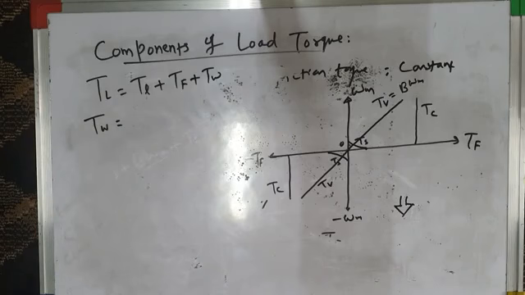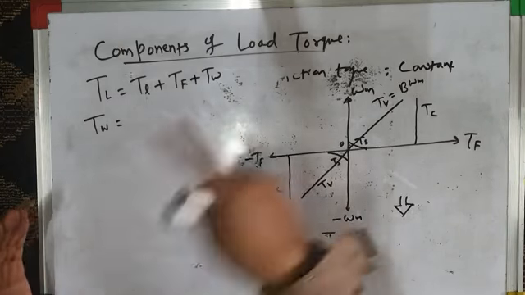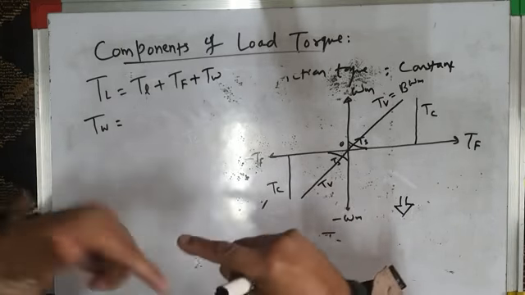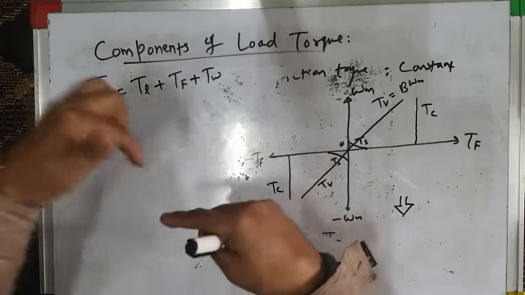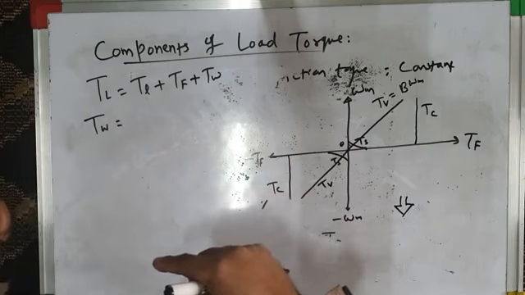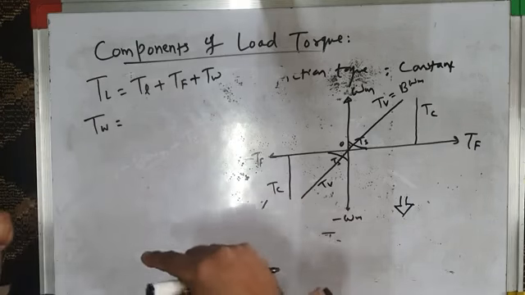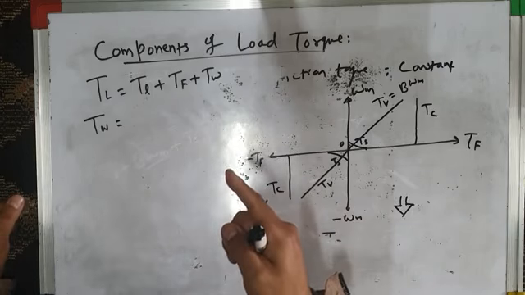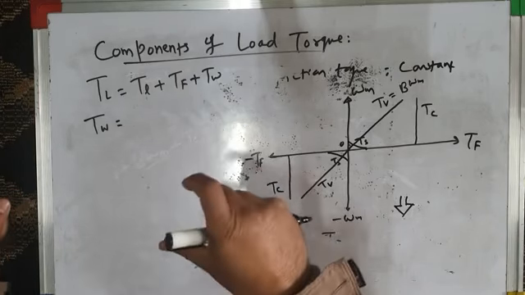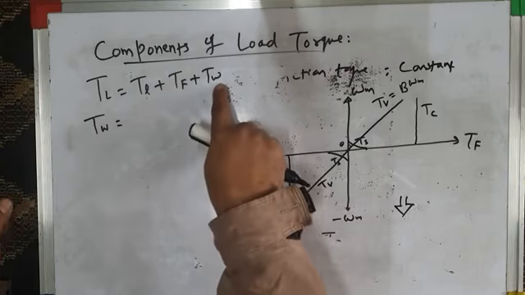Windage torque is the opposing torque because of air resistance. See, when the motor runs and its driven load runs, it runs against the air resistance. It hits the air. There is air in the opposite direction, and that air resistance always opposes the motion of the motor and its driven load. And the opposing torque because of the air resistance, that's called windage torque.